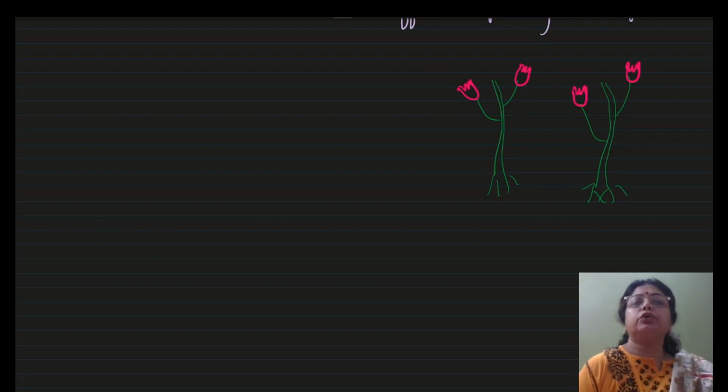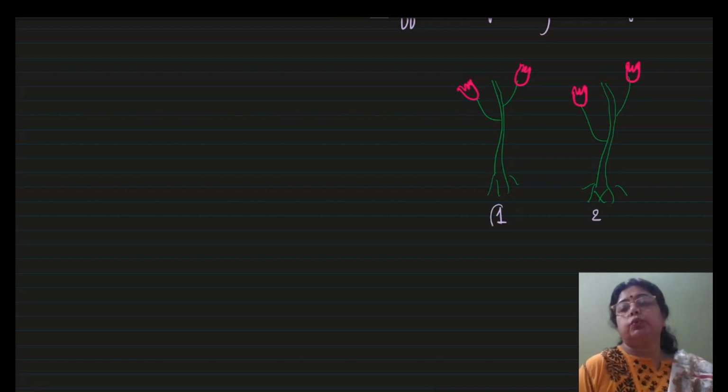So it is plant 1, plant 2. And the pollination is occurring from the flower of one plant to the flower of the next plant. So here the pollination is occurring.